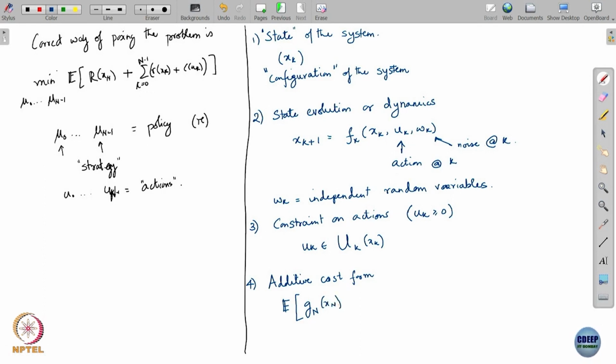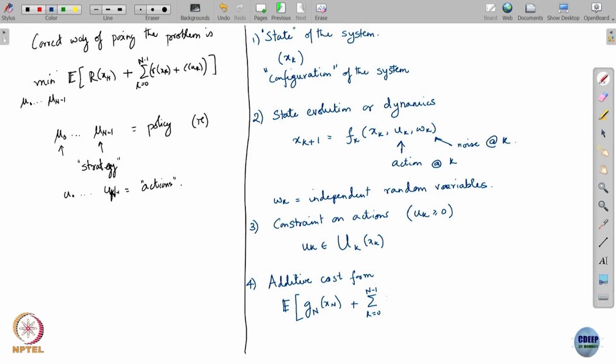Remember, we are taking actions starting at time 0 till time n minus 1. The problem ends at time n. So, at time n, whatever is the state, based on that you incur a terminal cost g n of x n. We are not taking any further actions at time n. So, although I have said that we take actions at n time instants, the n time instants themselves are denoted 0 to n minus 1.